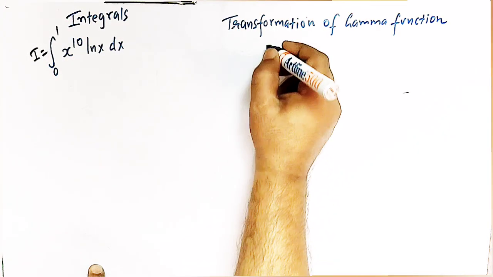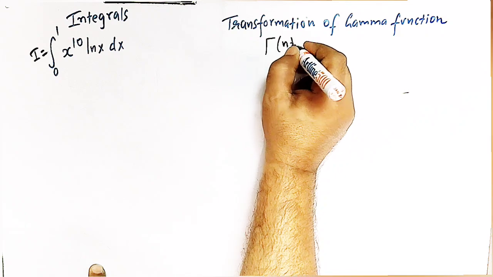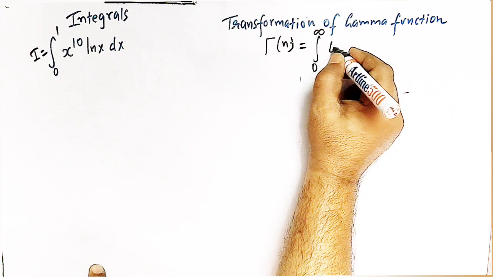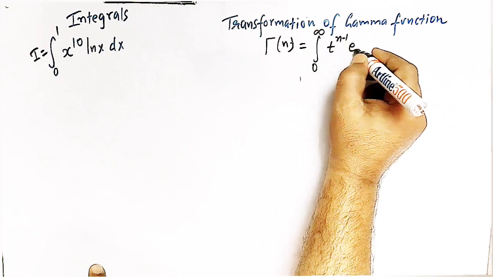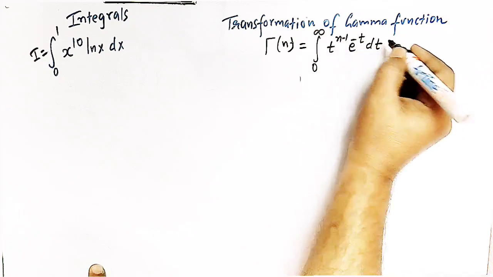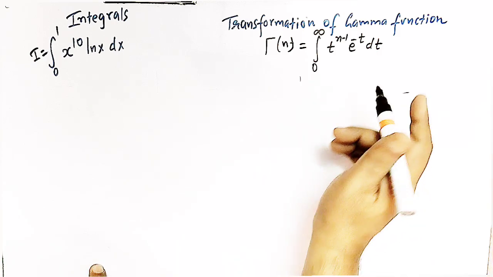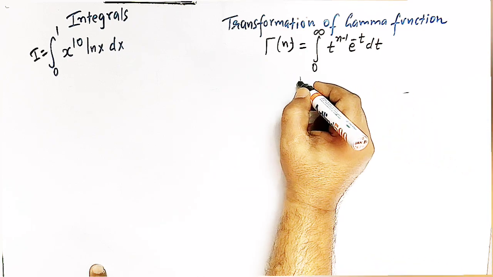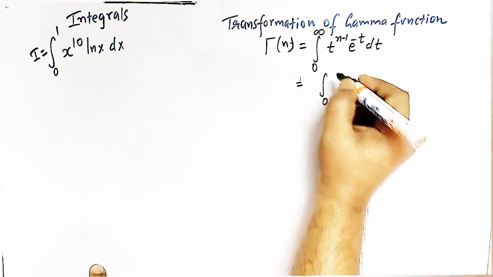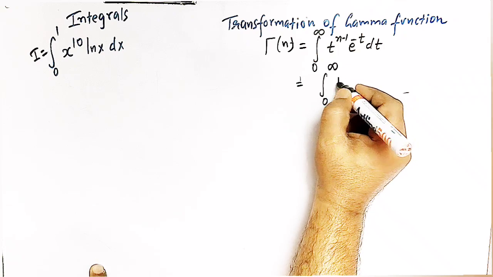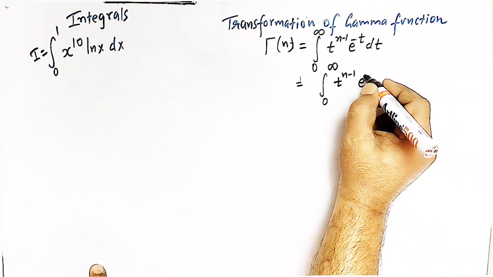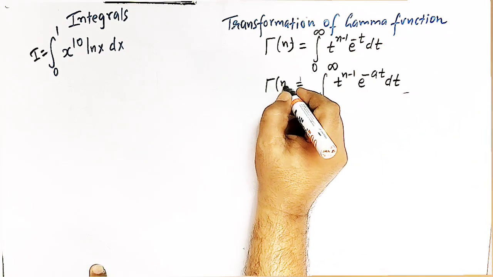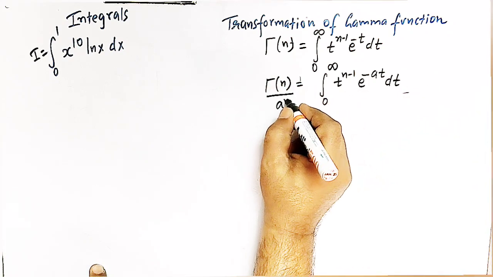Now let us first define a gamma function. Gamma of n is defined by this well-known integral, that is 0 to infinity t raised to n minus 1 e raised to minus t dt. The transformation of gamma function gives us this important result: the integral from 0 to infinity of t raised to n minus 1 e raised to minus at dt gives us gamma n divided by a raised to n.